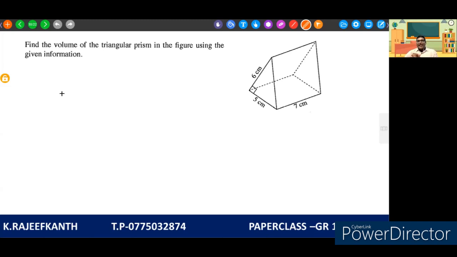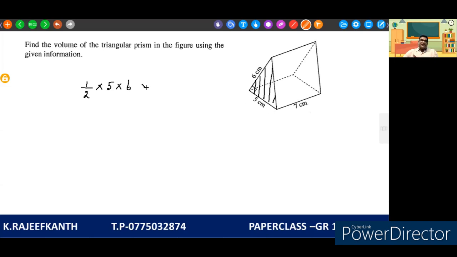Here they have given a triangular prism. First you have to find the cross section of this triangular face. This is the cross section. So half into base 5 into height 6. Now we found the cross section of this triangular face, that means the cross section of this triangular prism.